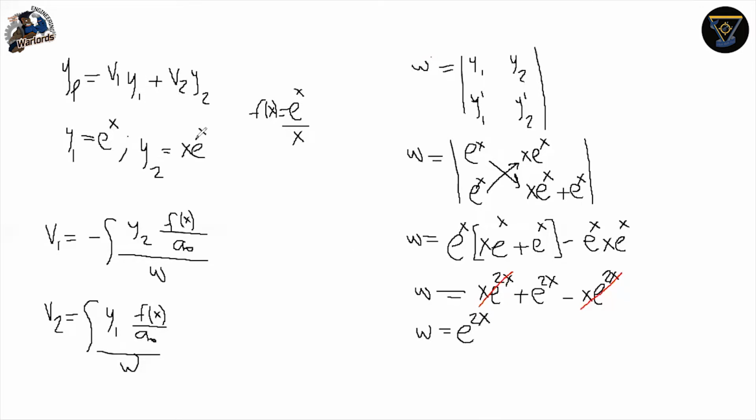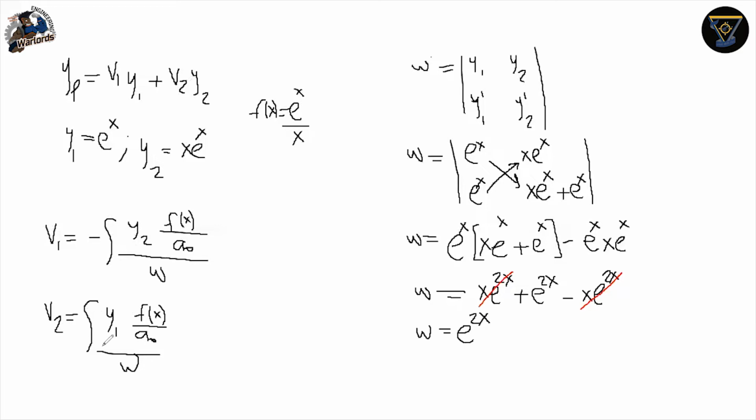So to double check now, remember that this is our answer for yp, v1 y1 plus v2 y2, right? So remember that y1 is e to the x and y2 is x e to the x. So now all we need now is v1 and v2. The formula for v1 is this, it is fixed, so you only need to know it.